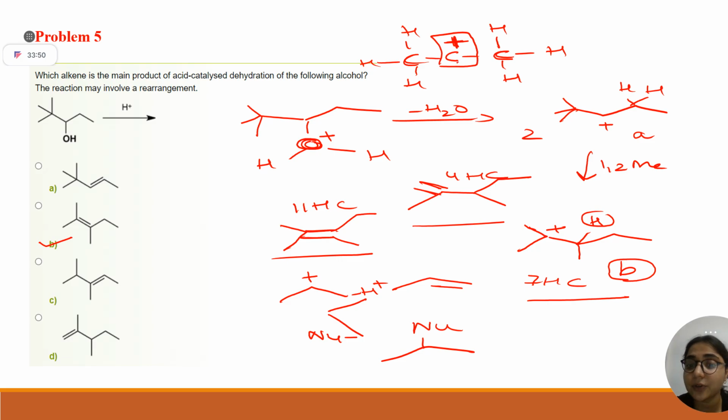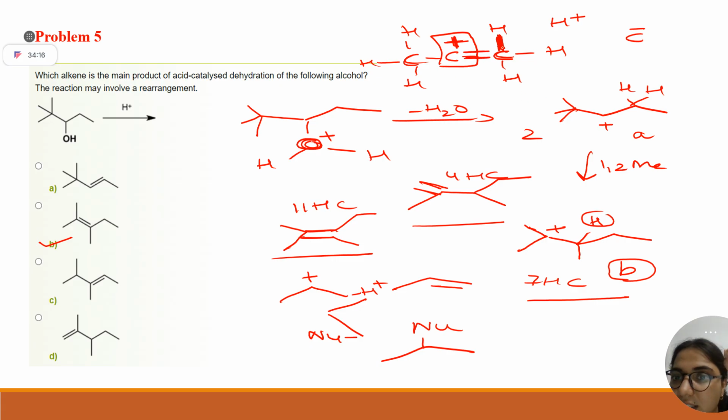This hyperconjugation is, what I can say, an imaginary phenomenon. In actual it doesn't happen, but let's say this carbocation is here, how can it be stabilized? This CH sigma bond, if it breaks, it will break like H positive and C negative. It can form this olefin, right?